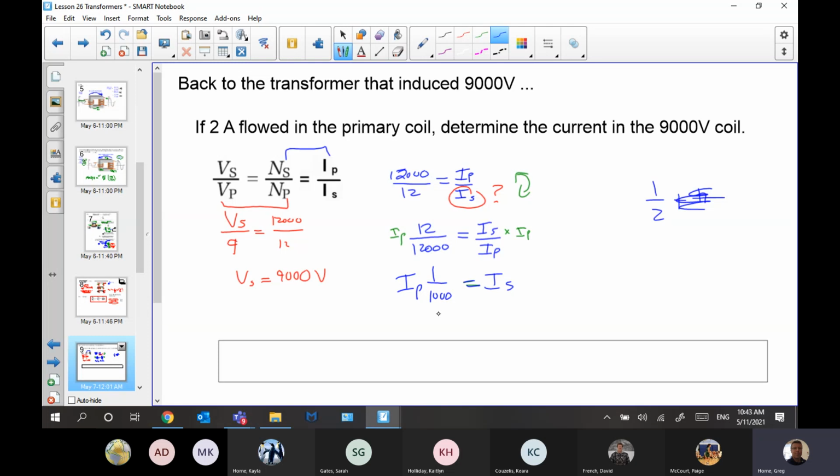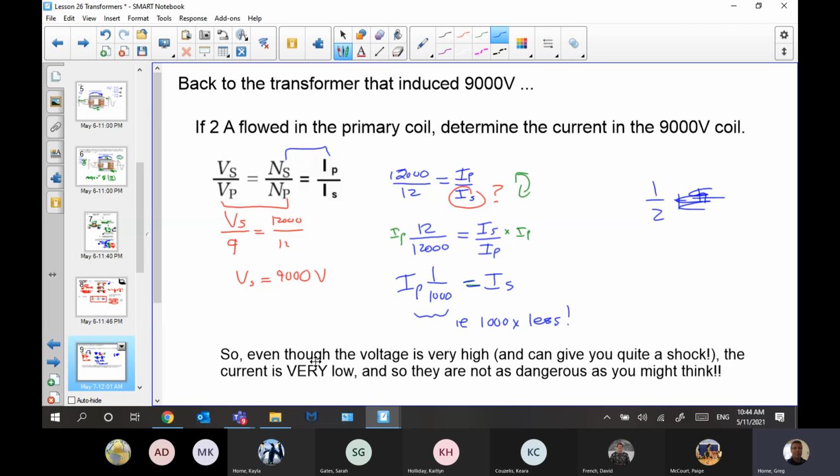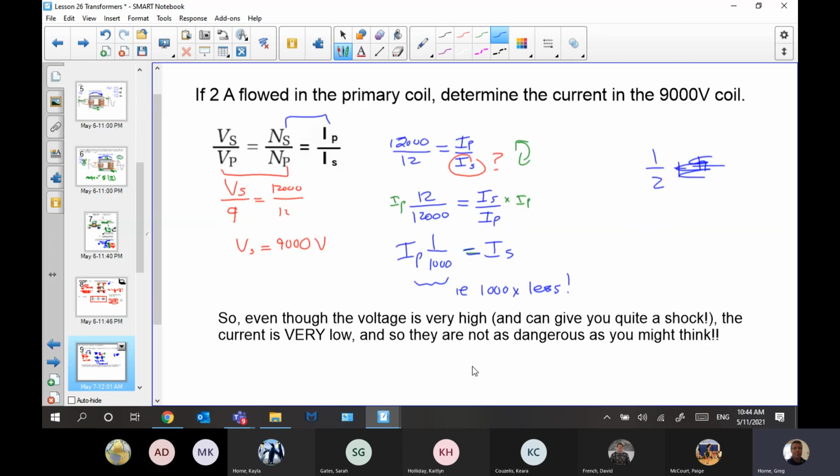So it's divide, i.e. 1,000 times less. So we got 1,000 times more voltage, but we get 1,000 times less current. Okay, so even though the voltage is very high, there's very little current, and so it's really not as dangerous as you think, even though it does actually kind of hurt a little bit.